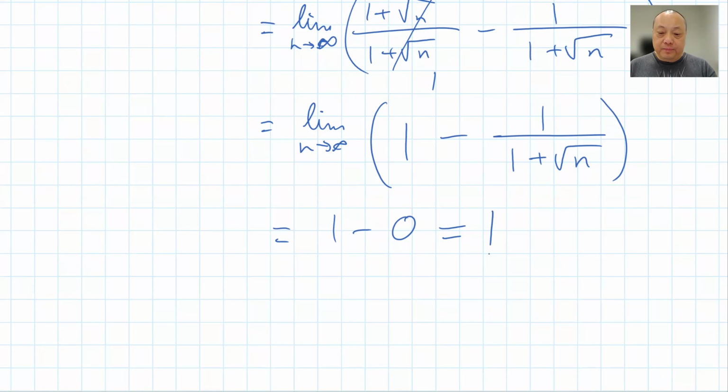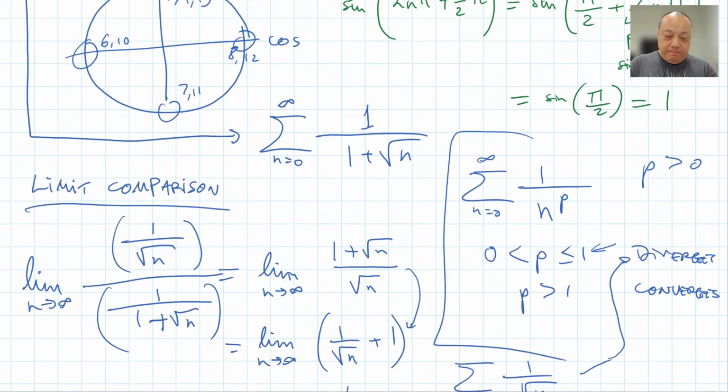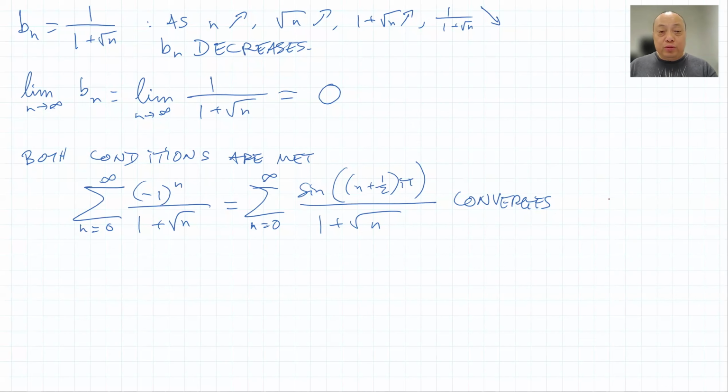Same answer. Let me scroll up to the first example we did. In the first example, we figured out that this alternating series converges. But for alternating series, we have the concept of conditional versus absolute convergence, right? Conditional convergence means that if we keep the alternating values as is, then yes, it will converge to some value. But is this absolutely convergent?